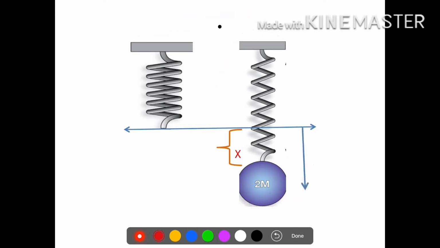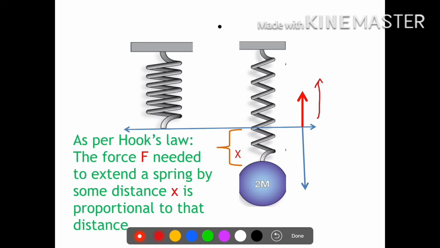When the weight gets pulled down due to gravity, the spring tension pulls it back up. The spring pulls it back up based on how stretched it is. As per Hooke's law, the force F needed to extend a spring by some distance x is proportional to that distance.